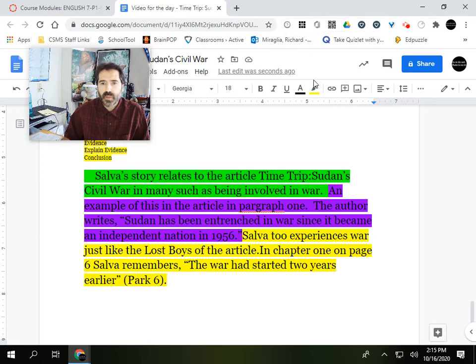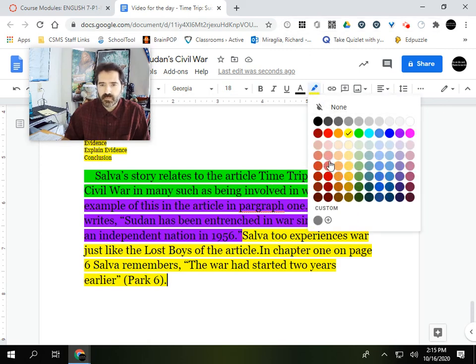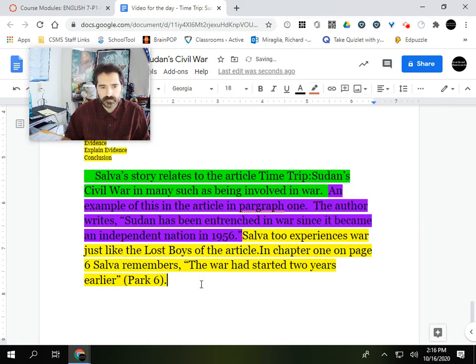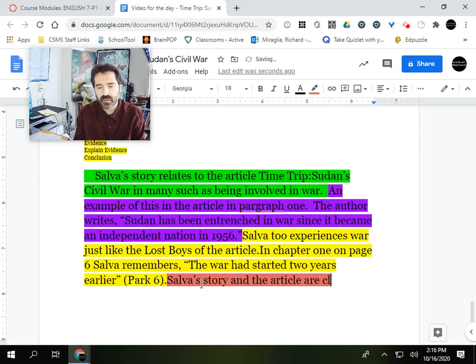All I need to do is wrap everything up now, and I have a solid paragraph. Salva's story and the article are closely related because Salva too is a lost boy.